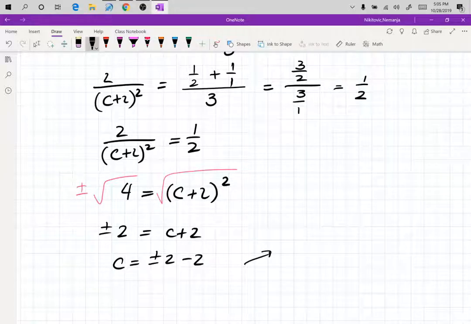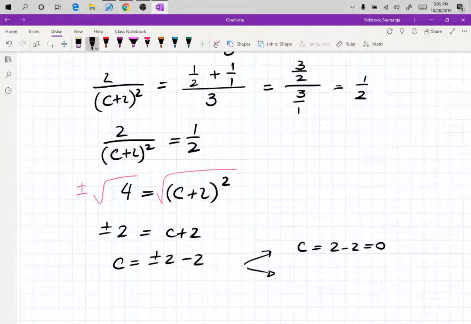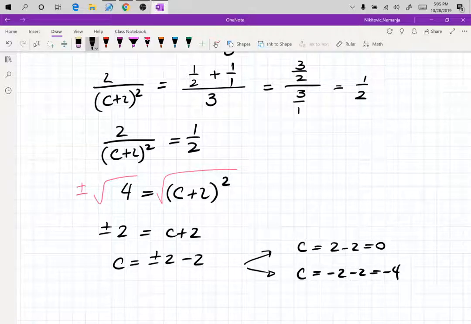That breaks into two solutions. There is a c: 2 minus 2 equals 0. And there is a c: negative 2 minus 2 equals negative 4. So we have two c values in this case whose slopes will line up with the slope of the average. So c equals 0 and c equals negative 4.